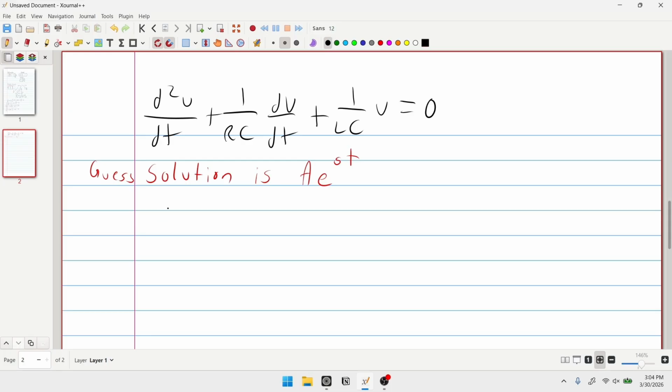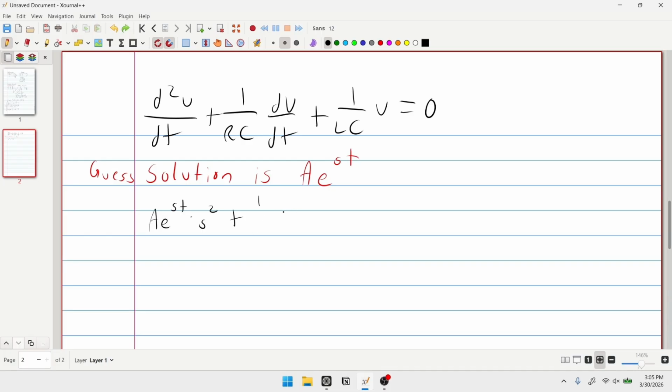Alright, so if we do that, we get a e to the st times s squared plus 1 over RC.